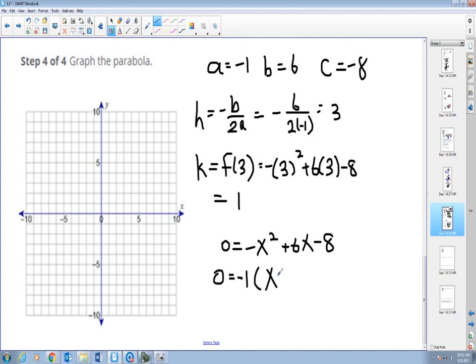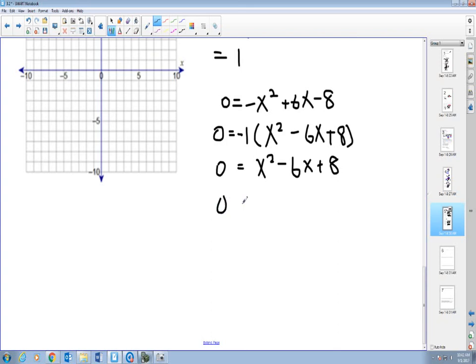So that'll give me positive x squared minus 6x plus 8. To get rid of this -1, I just divide both sides by -1. So I can simply have 0 equal to x squared minus 6x plus 8. This one, just like the previous one, I can use 2 and 4 for my 8.